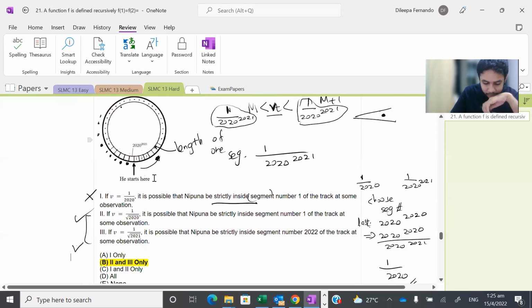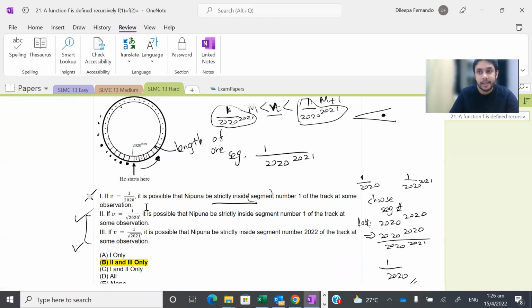That means it lands on a boundary, and then we can show that after each observation it lands on a different boundary, which shows that it can never be strictly inside a segment. And secondly, we have proven that irrational jumps will not end up on boundaries, and it should be strictly inside some cell or segment.